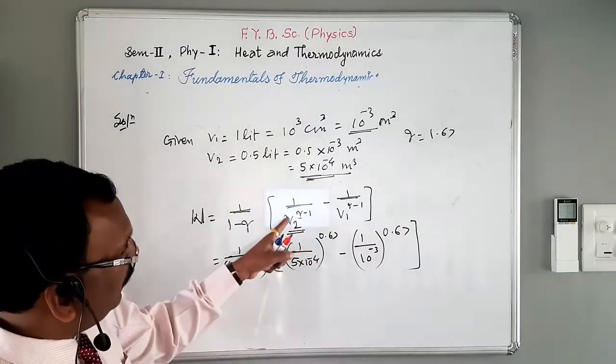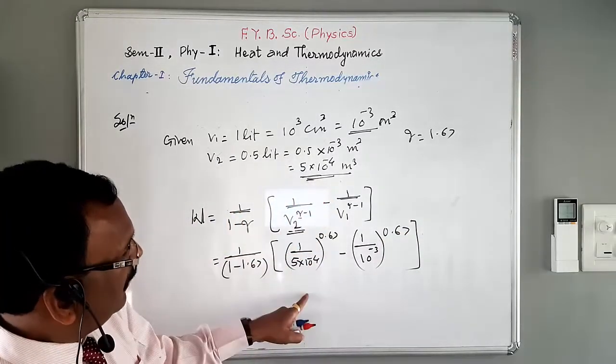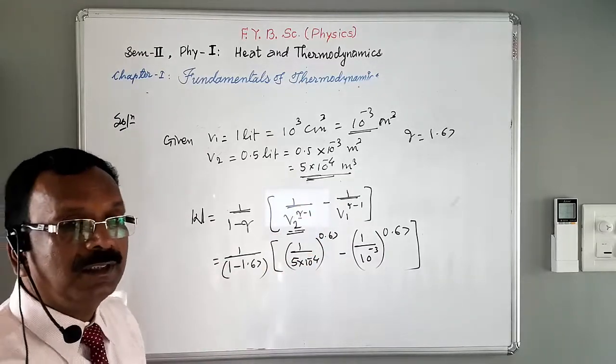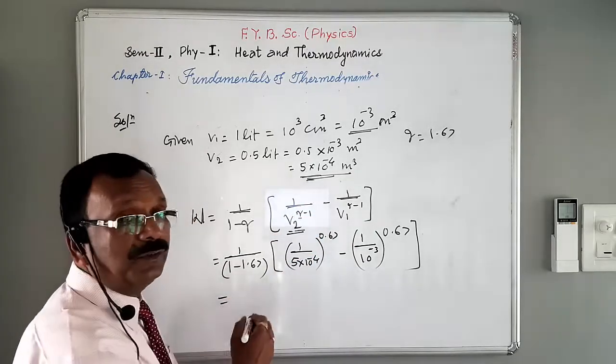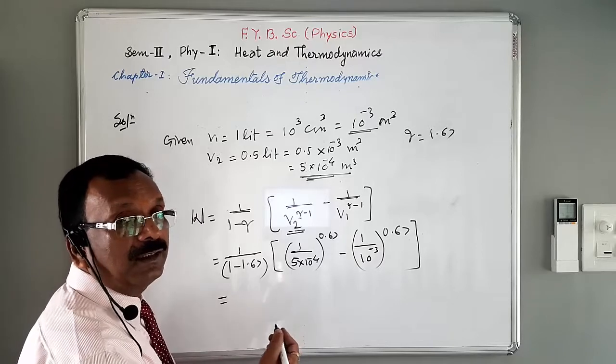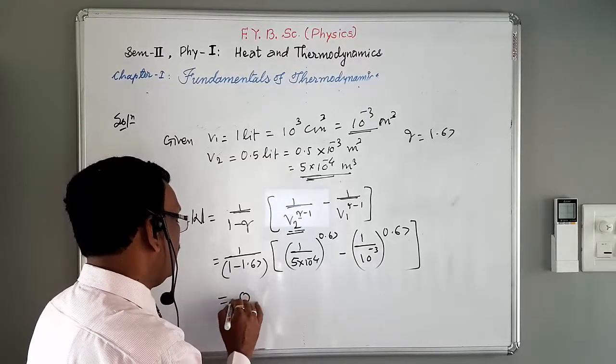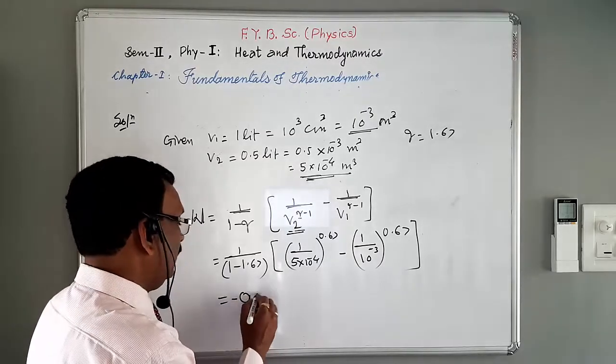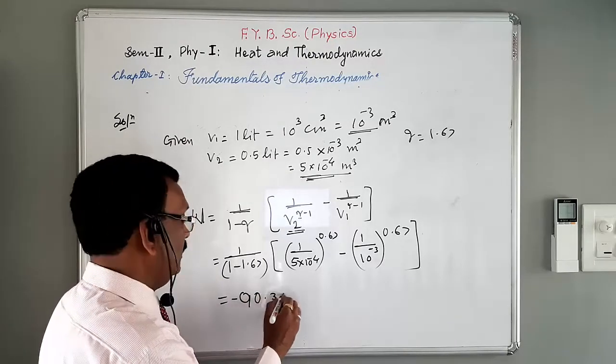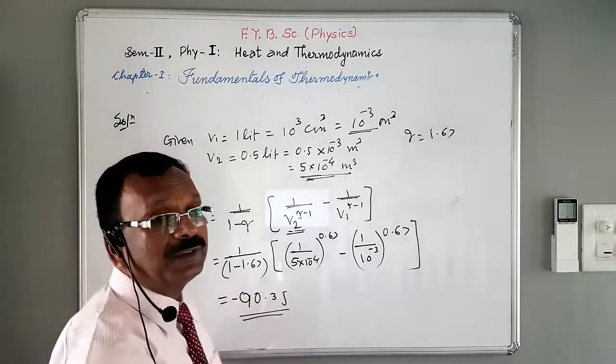We simply put the values of V2, V1 and gamma. When you solve this using calculator or log table, you will get the answer like minus 90.3 joule.